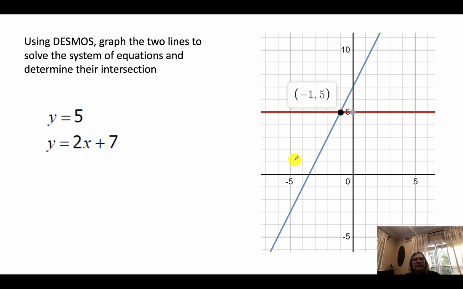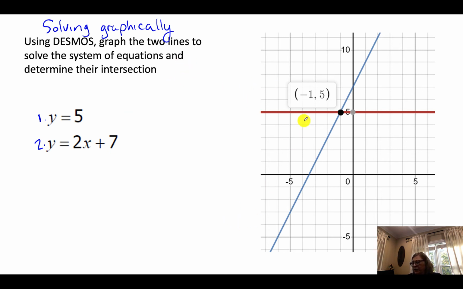In terms of solving graphically, we're going to use Desmos. We will go into Desmos, and you'll type in the first place y equals 5, second place y equals 2x plus 7, or whatever our equations are, and Desmos will plot them. You can change the colors if you want.